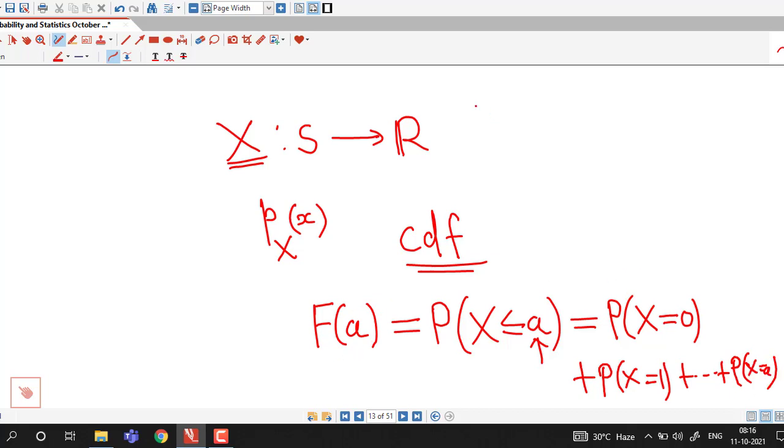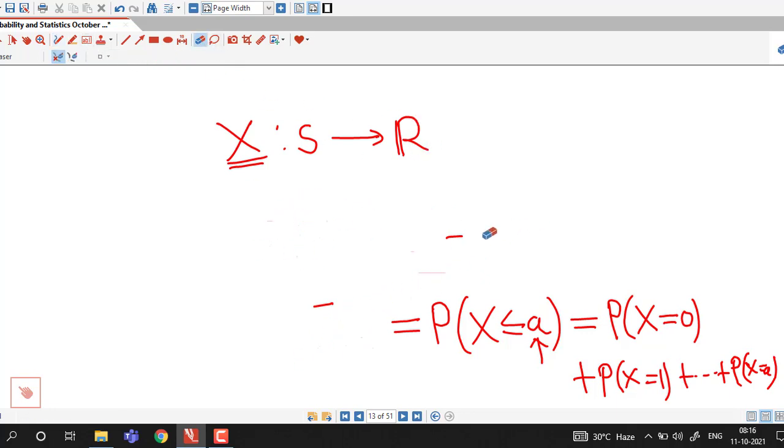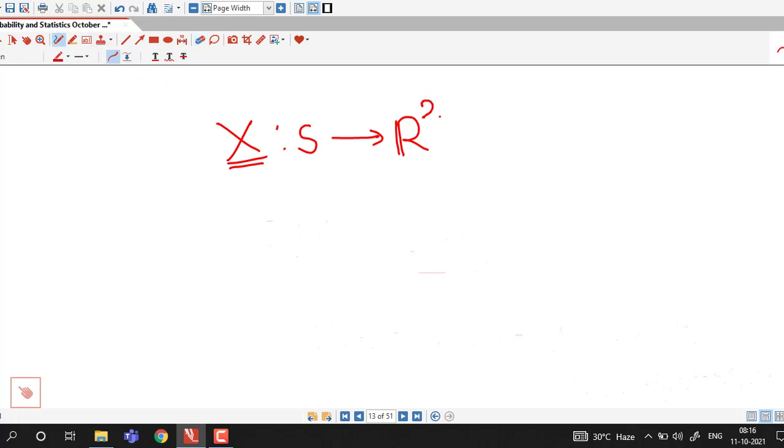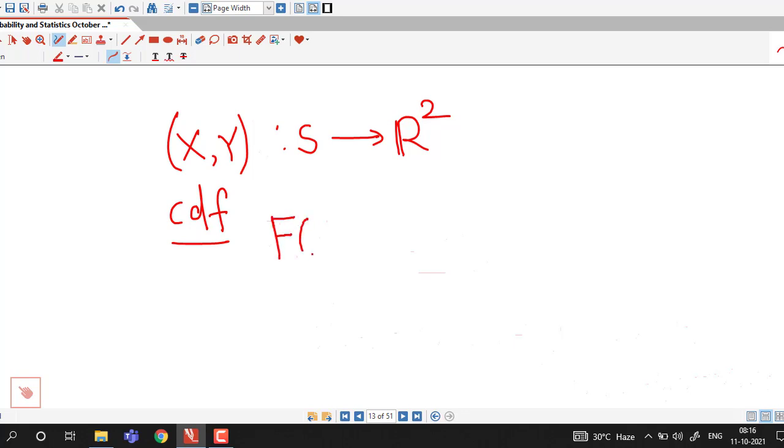Now similarly we can generalize this concept to a two-dimensional random variable. Suppose we have a two-dimensional random variable which is a function from sample space to R2, and suppose we consider two discrete random variables X and Y, then (X, Y) is a two-dimensional random variable. So the cumulative distribution function of this random variable is defined in a similar way. If we have a one-dimensional random variable, we consider the probability of the event X is less than or equal to a.